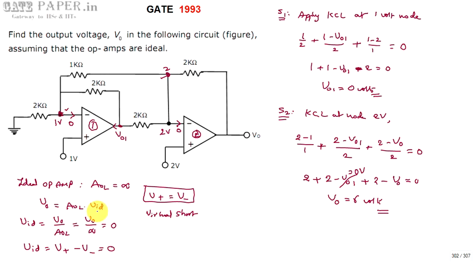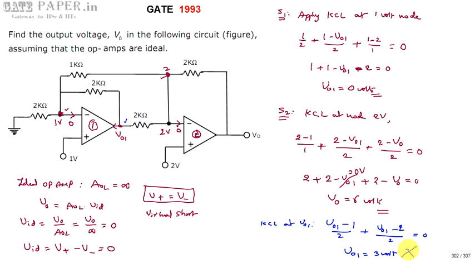And remember this point. If you apply KCL at V01, you may think you can write (V01 minus 1) divided by 2 plus (V01 minus 2) divided by 2, assume no current flows into the op amp so it equals 0, and say V01 is equal to 3 volts.